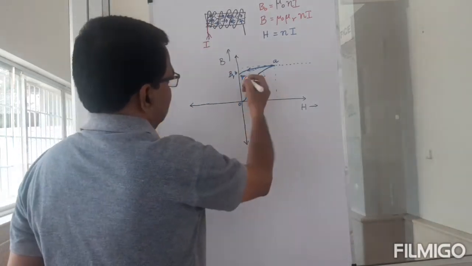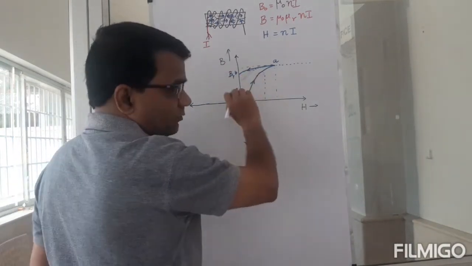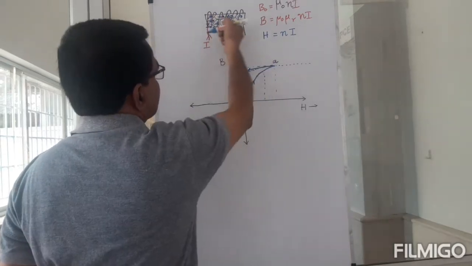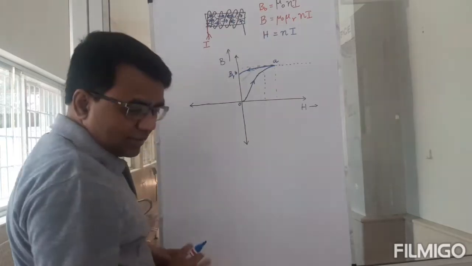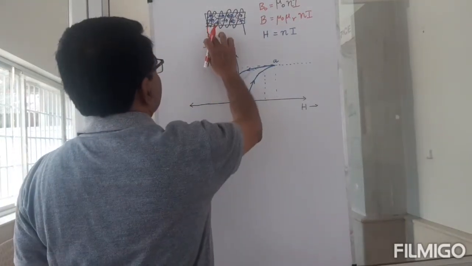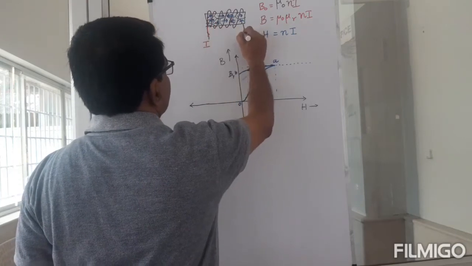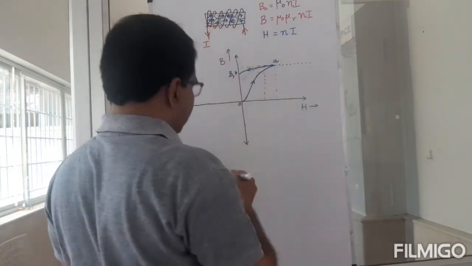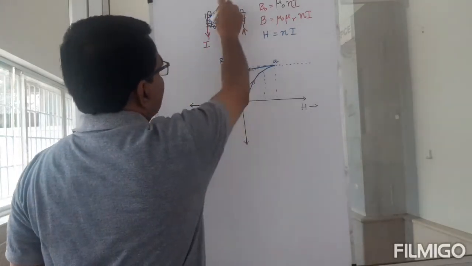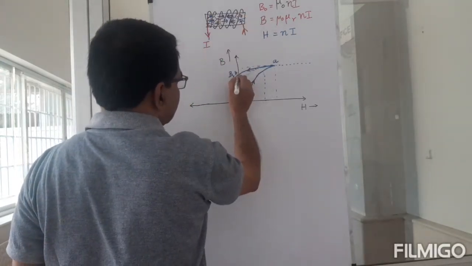So I keep doing it. I keep increasing the current in the opposite direction, so current is going like this. As I keep doing it, more and more domains will flip.